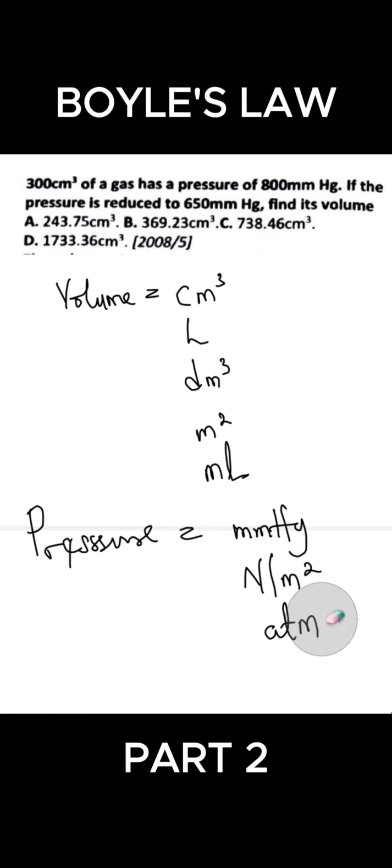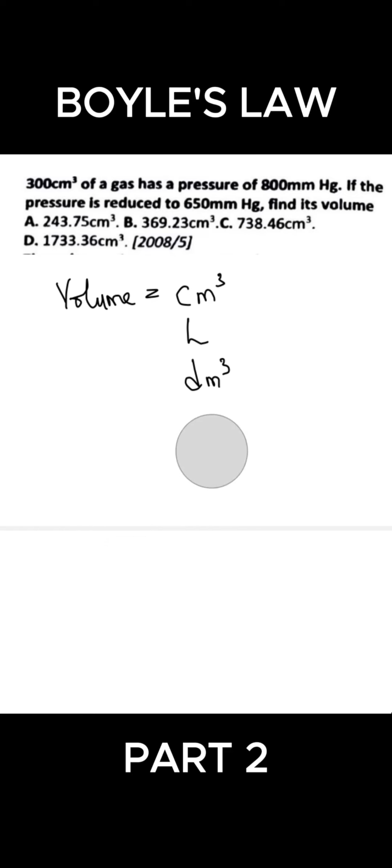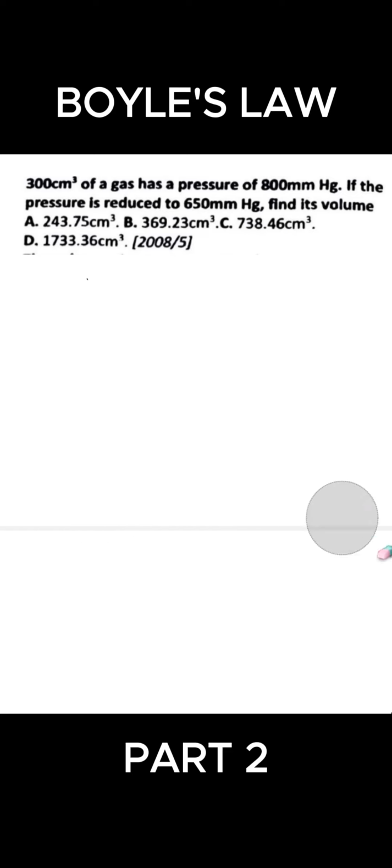So now let's go to our question. Let's start by stating all the parameters. It says 300 cm cube of a gas. This is the initial volume. So write V1 is equal to 300 cm cube. The gas has a pressure of 800 millimeter mercury.